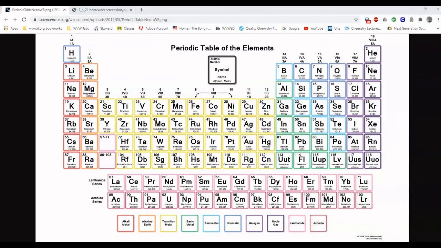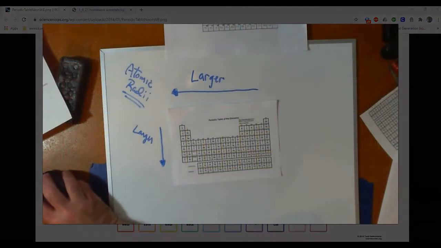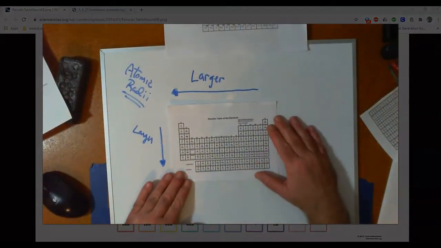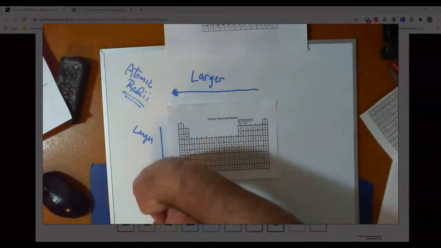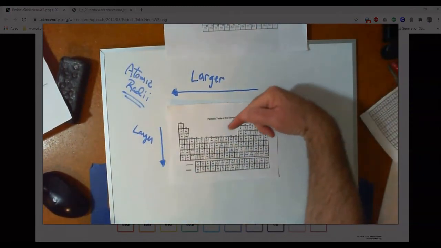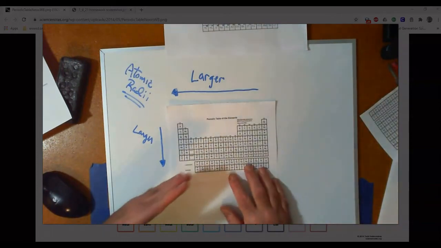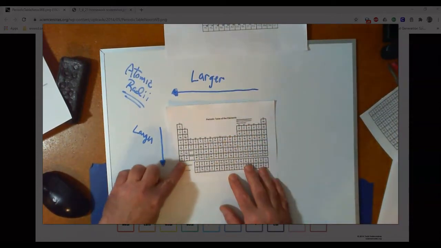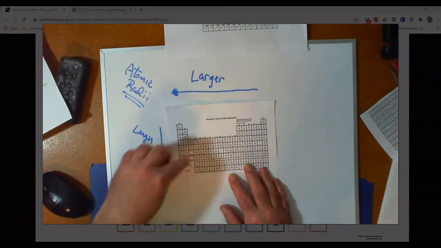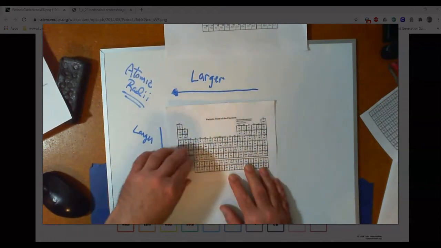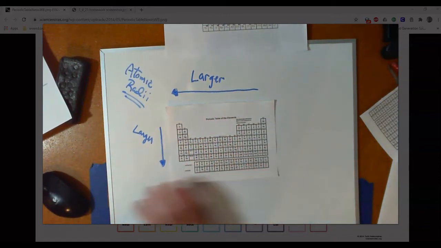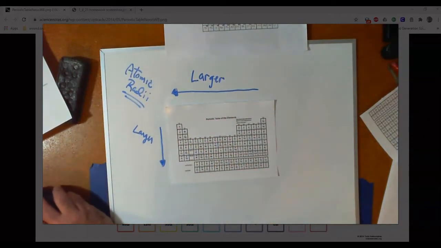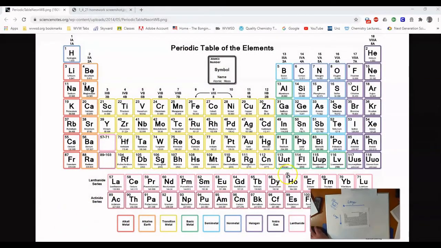If we go back to our periodic table, the trend is larger going that way and down. So you could say going in a diagonal, we're getting larger. That means going in a diagonal the other way, we're getting smaller. So anything closest to the upper right-hand corner of the periodic table would be the smallest element, and that, again, was chlorine.